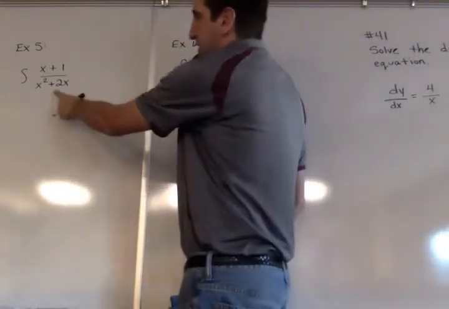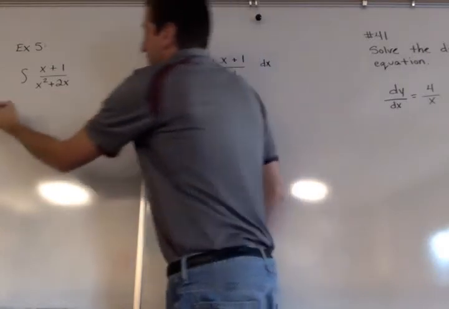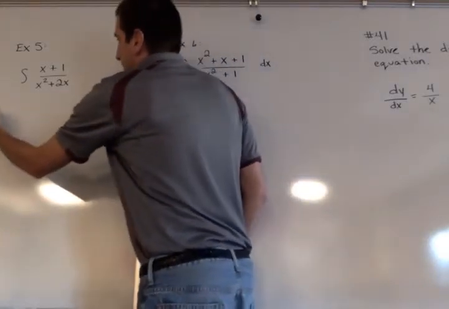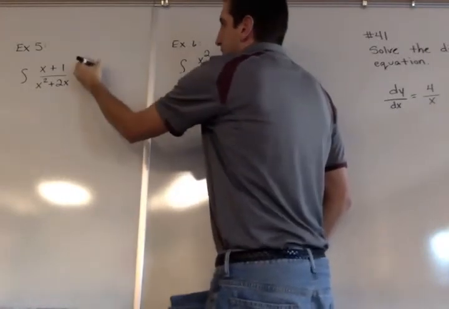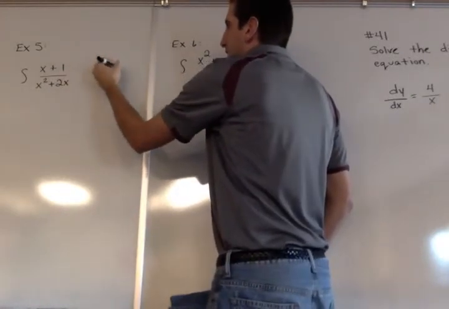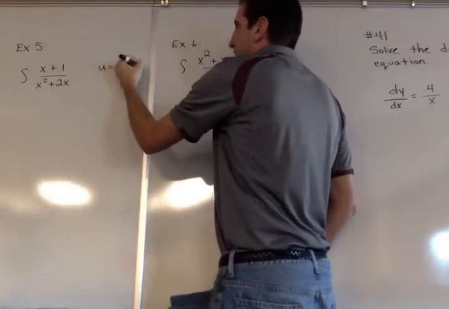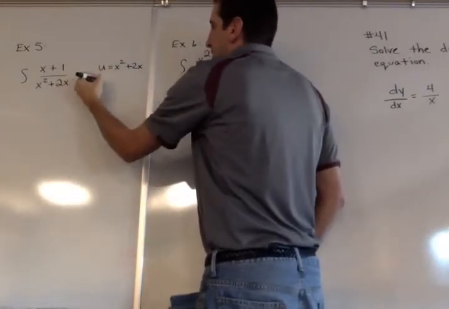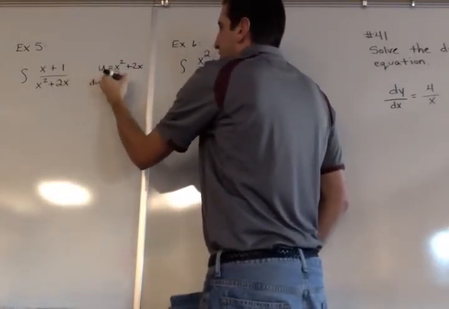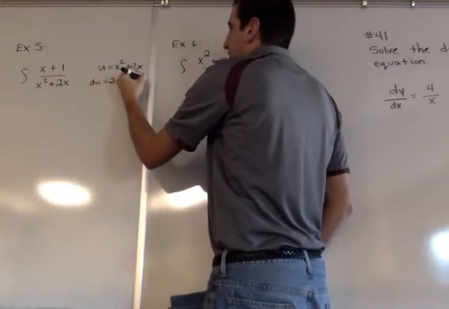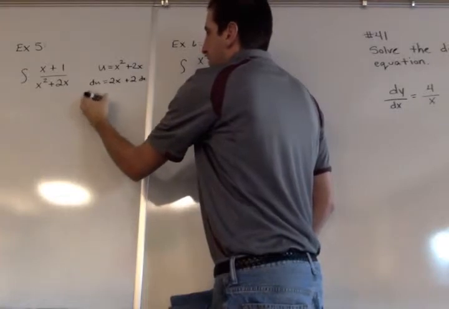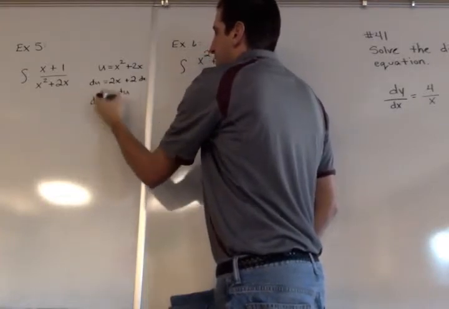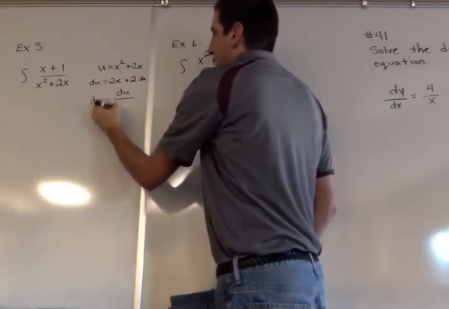Again, we're going to set u equal to x squared plus 2x. So we'll go ahead and do that off to the side. Let's do it over here so we can see it a little bit better. So we've got u equal to x squared plus 2x. Du would have to be 2x plus 2 dx, and then get dx by itself. So we have du over 2x plus 2.